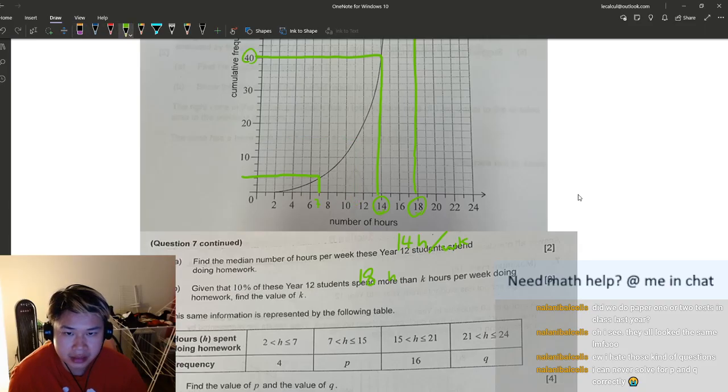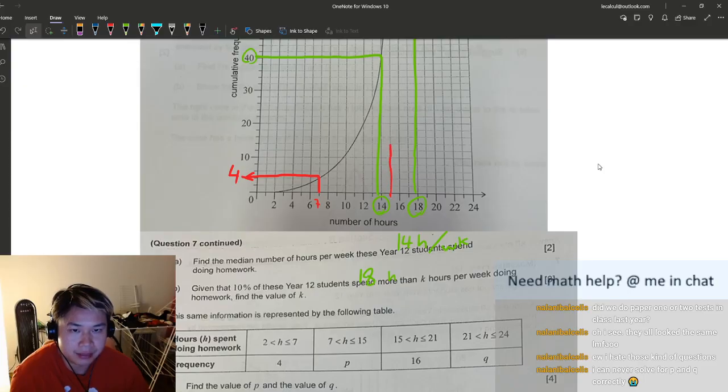Okay, at 7 hours, we have 4 people spending less than 7 hours. And then I need to find out 15 hours. I want 15 hours, which is right here. Actually, that's a different question. Let's use a different color. Red. So 15's right here.